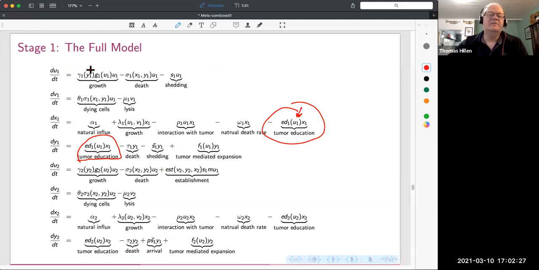Another aspect which I would like to highlight is the growth rate factor. Now Y is the tumor-promoting immune system, and this increases the growth rate for the cancer, for example, by releasing growth factors or by inducing angiogenesis. And of course, all the other terms have the meaning they have.